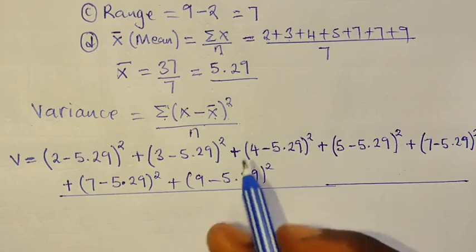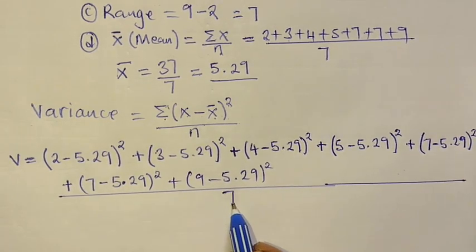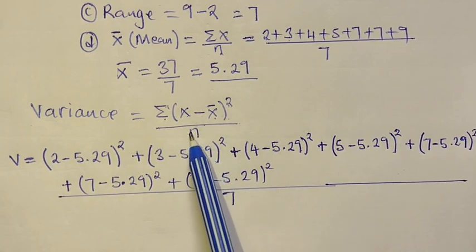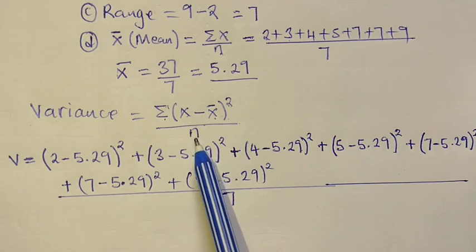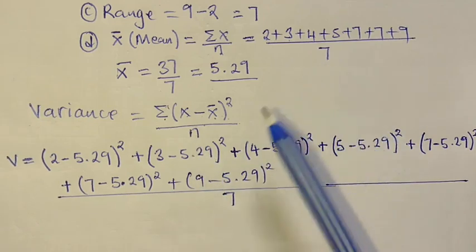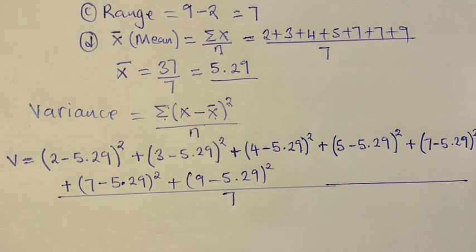Then you divide everything by 7, because it was over n, and n represents the number of values that we have. So this is the formula method that you can use.